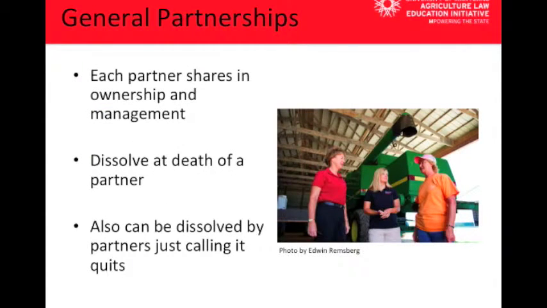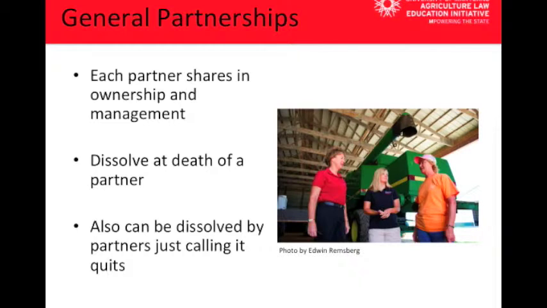With general partnerships, each partner is going to own a share of ownership and management, and depending on if there's an agreement between them specifying who has control of what management, that could change this up. But typically, if there is no agreement, one partner can make all the management decisions and the other partner can make the opposite management decisions.